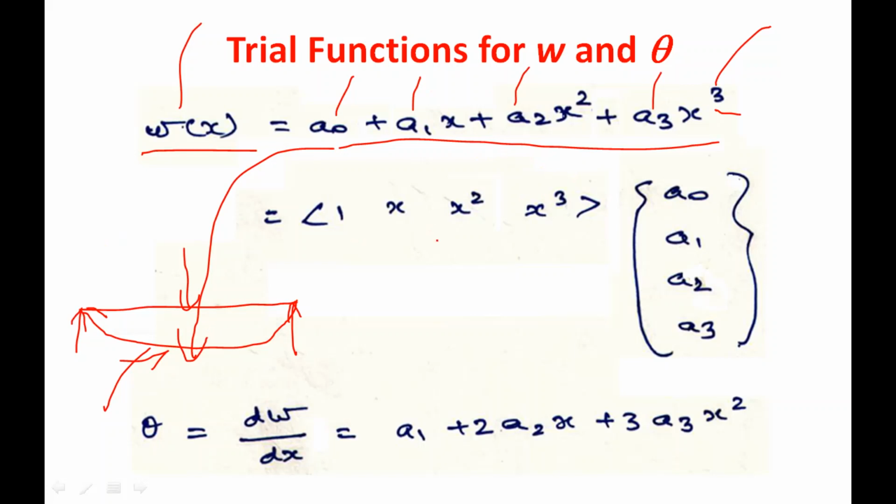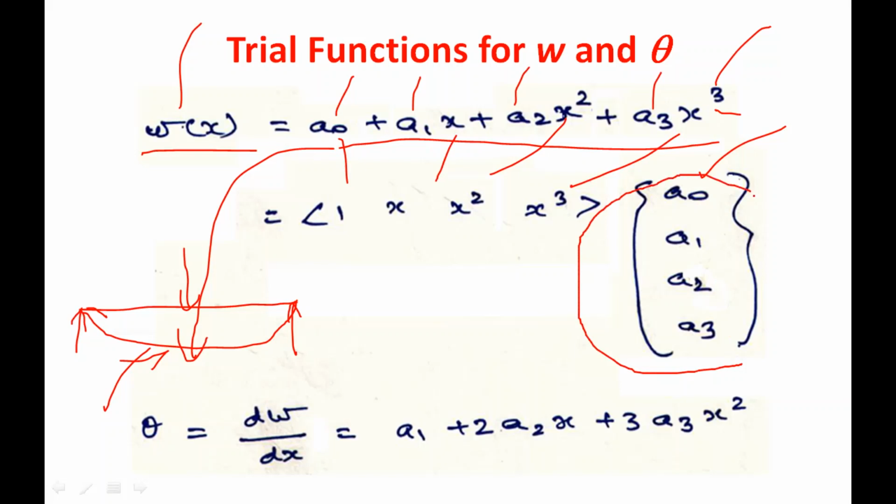This w of x equation, let us write it in matrix form. Keep the coefficients as a column matrix, a0, a1, a2, a3, and the x terms are made as a row matrix: 1, x, x square, x cube, multiplied by a0, a1, a2, a3.